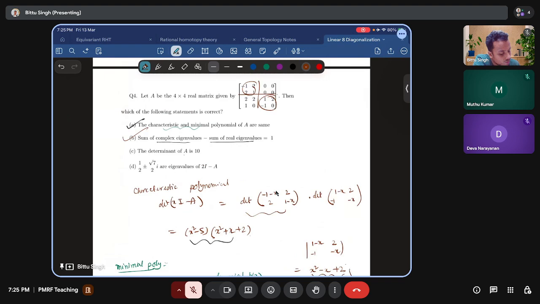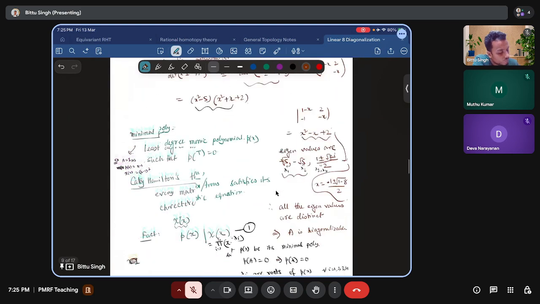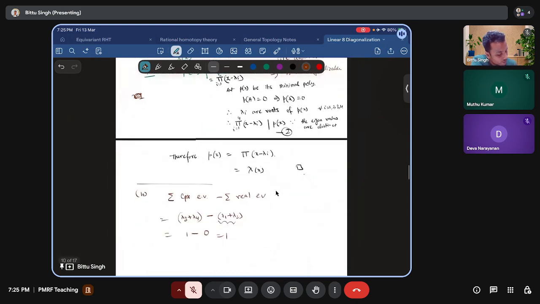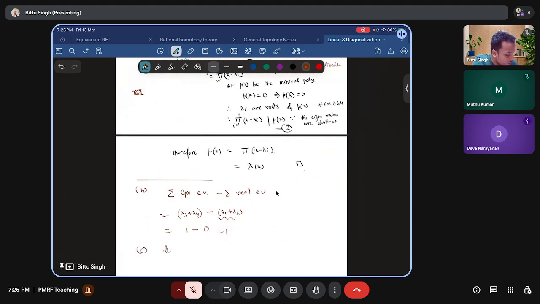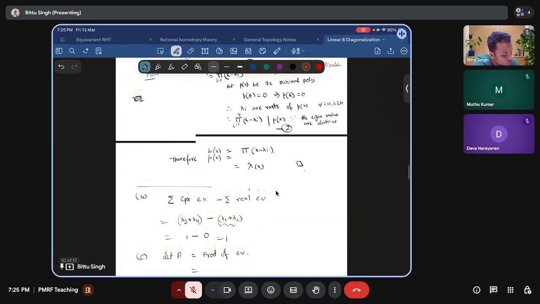Now it says that the determinant of A is 10. Is it true? We already know that the determinant of A is the same as the product of eigenvalues, right? So what are the eigenvalues? It is plus minus root 5.